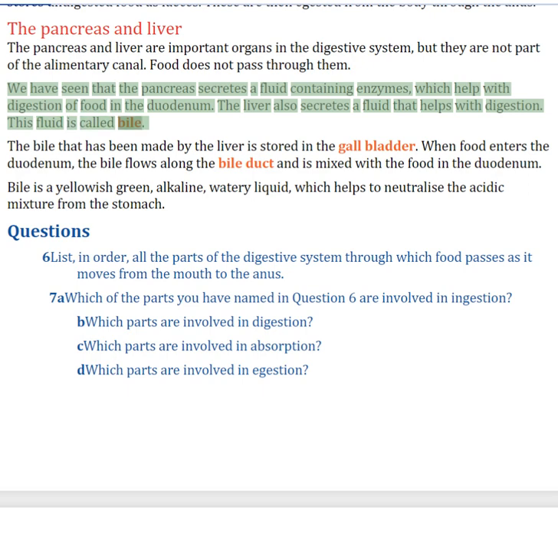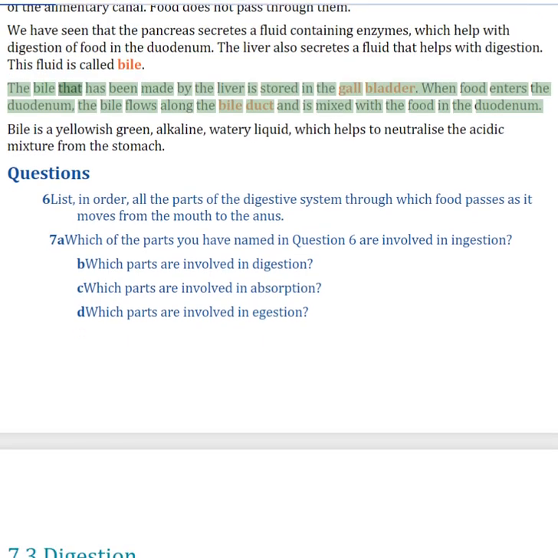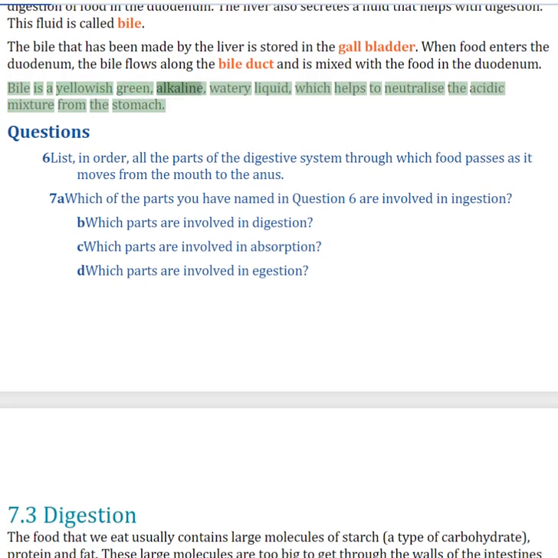This fluid is called bile. The bile that has been made by the liver is stored in the gallbladder. When food enters the duodenum, the bile flows along the bile duct and is mixed with the food in the duodenum. Bile is a yellowish-green, alkaline, watery liquid, which helps to neutralize the acidic mixture from the stomach.